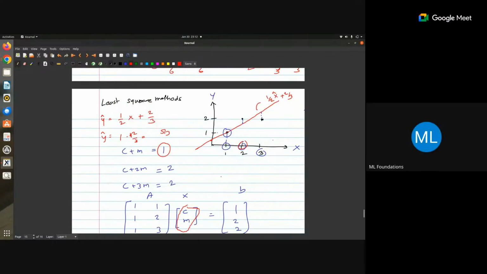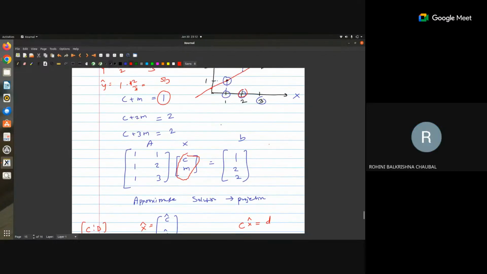But this is not the case. The third point should have been 3,3, but we have 3,2. That is why we have to find the solution. You understand now why this is needed.